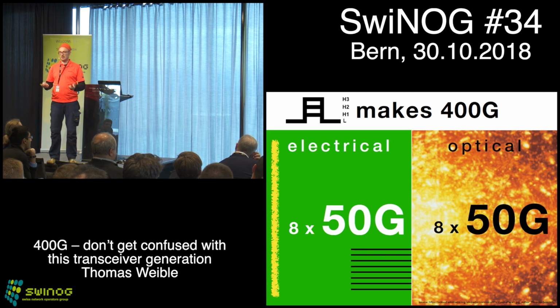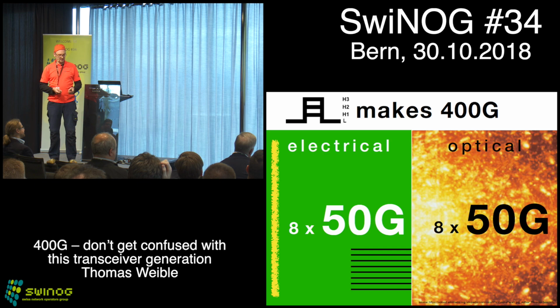We have double the amount of bits per symbol: instead of 1 bit per symbol, we got 2 bits. We get 50 gigabit here, so 8 times 50 gigabit gives us 400 gigabit. These 8 lanes are connected straight to an optical engine with 8 transmitters and 8 receivers. So that's going to be the first generation for 400 gigabit.